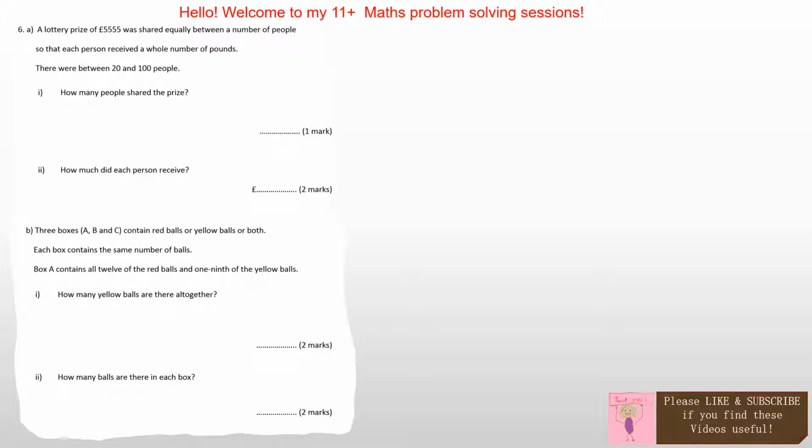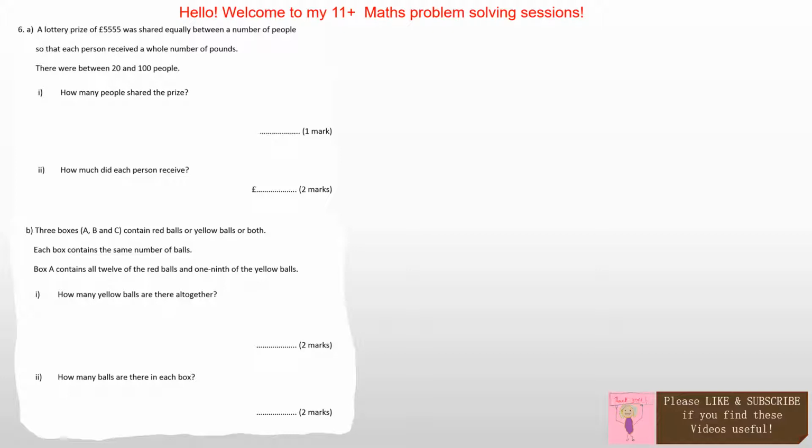So we have to find a number that we can divide 5555 by, and that number has to be between 20 and 100. Since it is all 5s, of course it is divisible by 5, but 5 is not between 20 and 100, so we have to ignore 5.